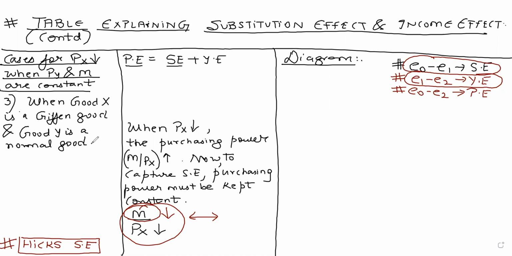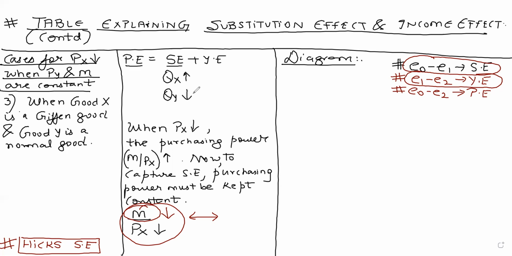Now quickly, if I look at the substitution effect and income effect, guys, the substitution effect will not change because substitution effect has nothing to do with income or purchasing power. It has just to do with the relative prices. Now, when price of good X is falling, very simple. In relative terms, good X is becoming cheaper to good Y. You buy more of good X, you buy less of good Y.